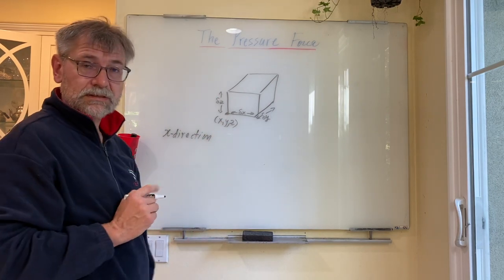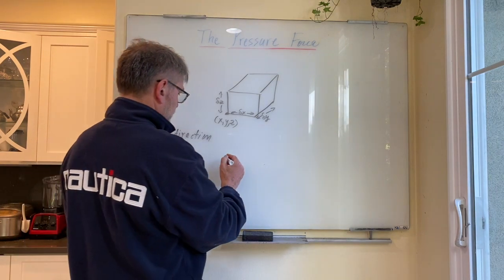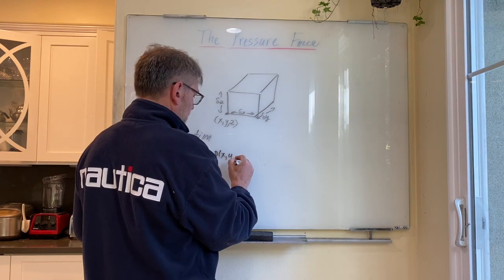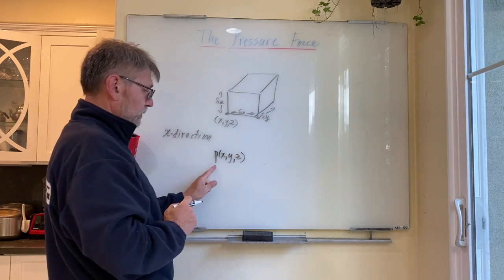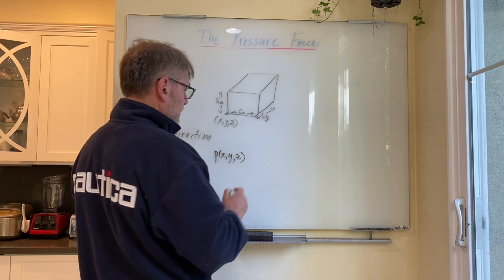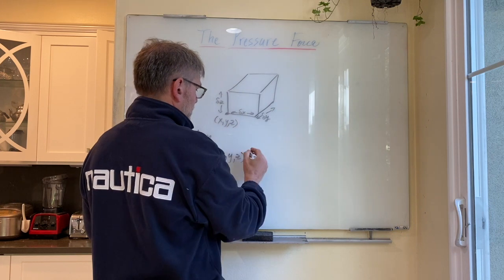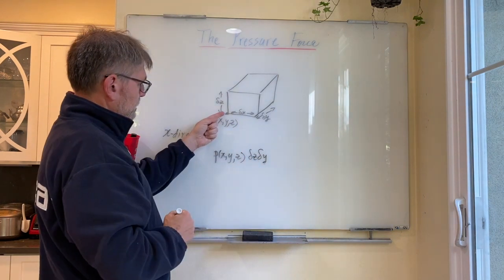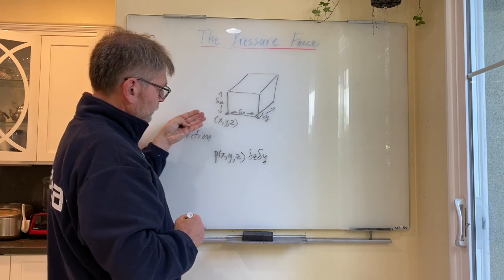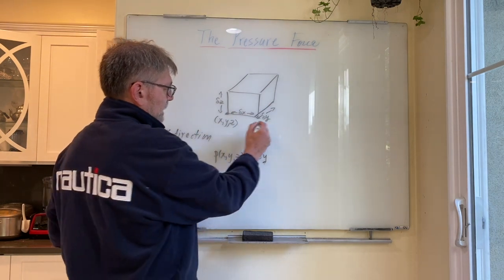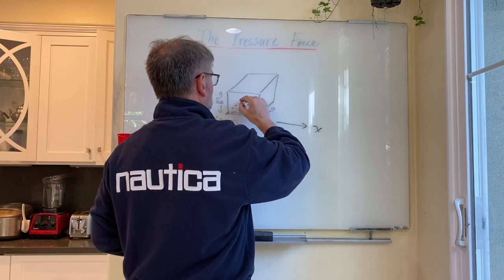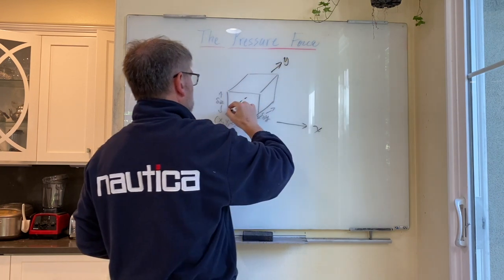So the force acting on this side is going to be p of x, y, and z, that's the force per unit area, times the area, which has dimension delta z times delta y. And that's pushing in the positive x direction. x is increasing in this direction, y is increasing in that direction, and z is increasing upwards.